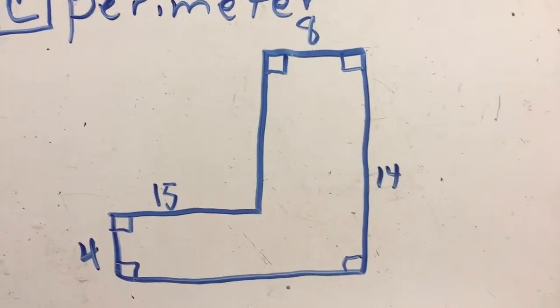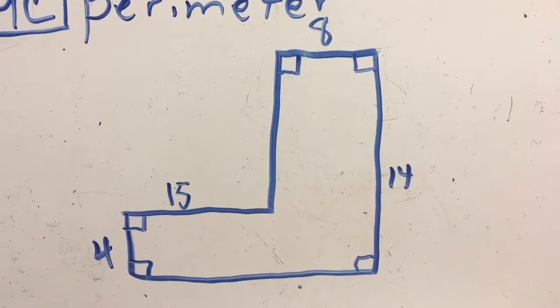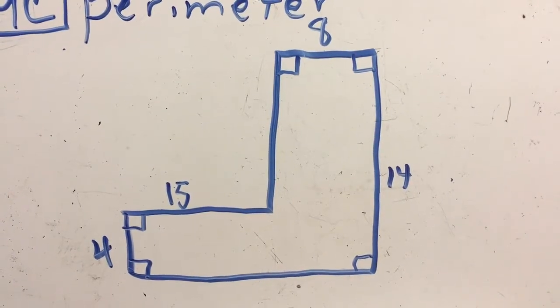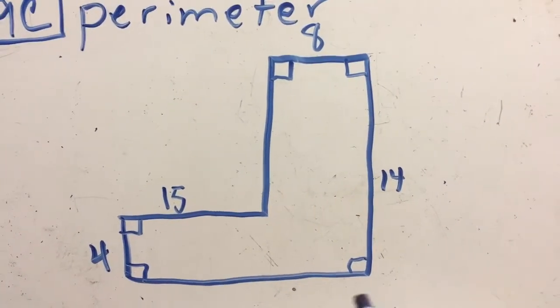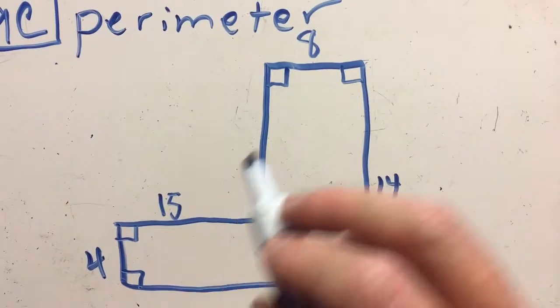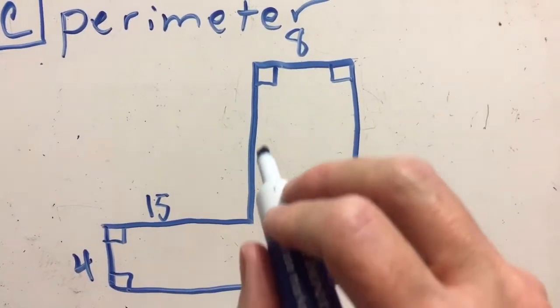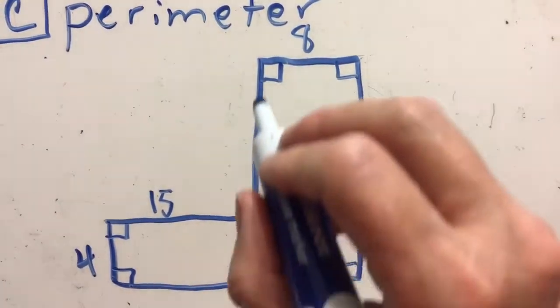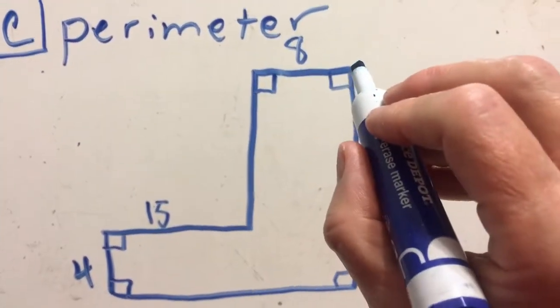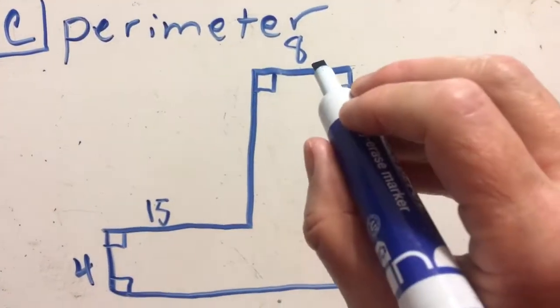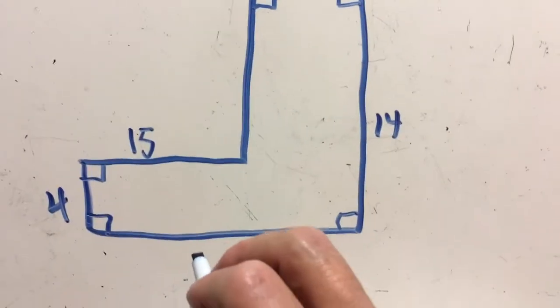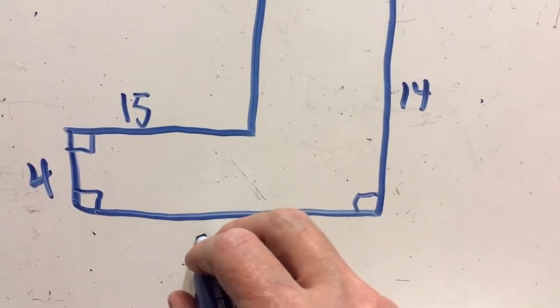Okay, so hopefully now you have the answers already written on there and have added them all up together. But I'm going to give you the answer now. 15 plus 8. Since this is a horizontal distance, it has no distance here because it's connecting to this one up here. 15 plus 8 is 23, so this distance down here must be 23.